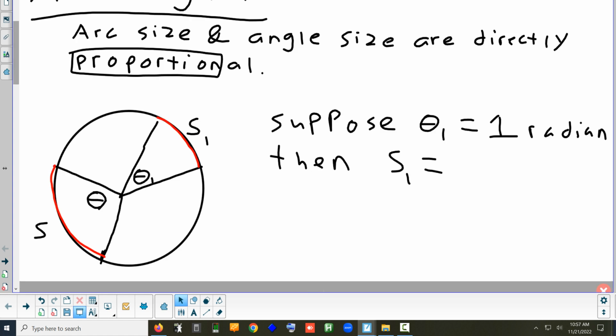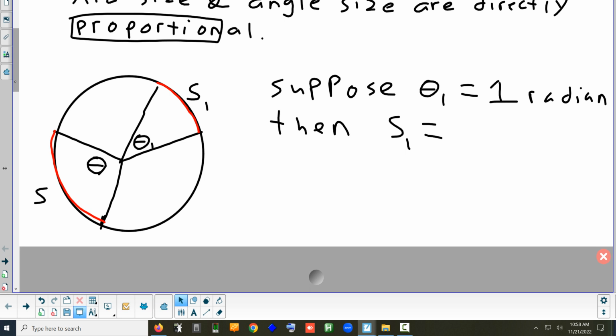So what I've drawn here is 2 angles and 2 arcs. I have my first angle is theta. Then I do another angle, theta 1. I have arc S, that's an S, and then arc S1. So let's start by writing down a proportion, kind of like I did for feet and inches.